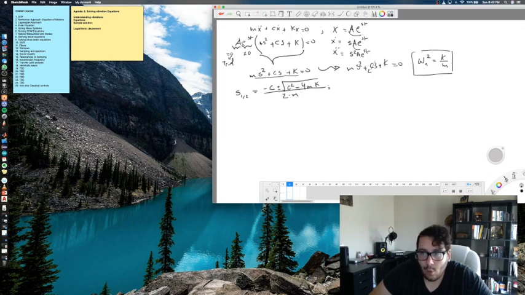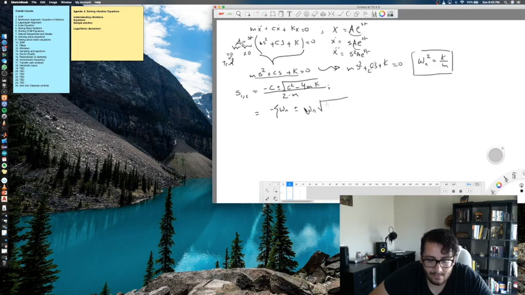So knowing that this term is equal to that, I can go ahead and rewrite this equation in a different way. I can write my roots as negative zeta omega n, positive or negative omega n square root of zeta squared minus 1.